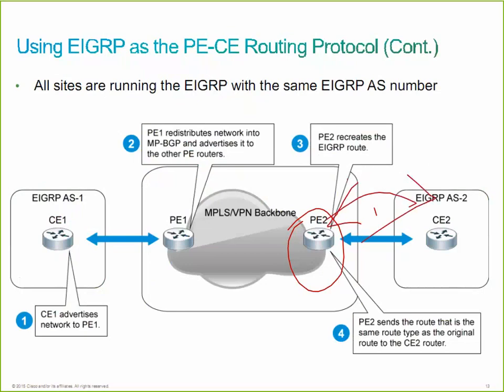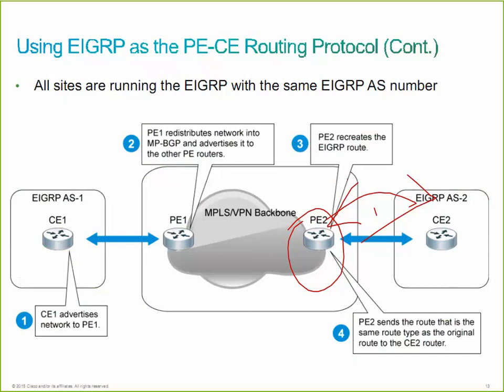The routes have the same route type as the original routes, so they could be DEX routes or D routes. They have the same metric that the PE1 router received, and in that regard, the backbone is transparent, right?